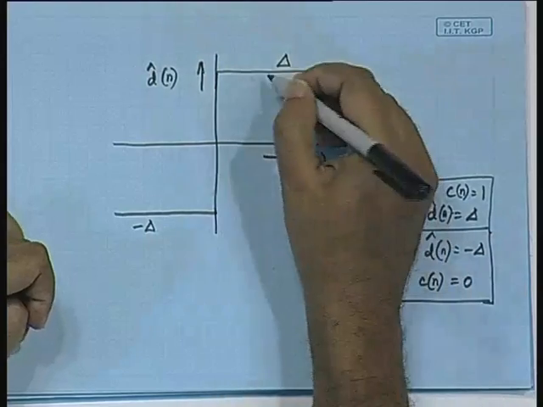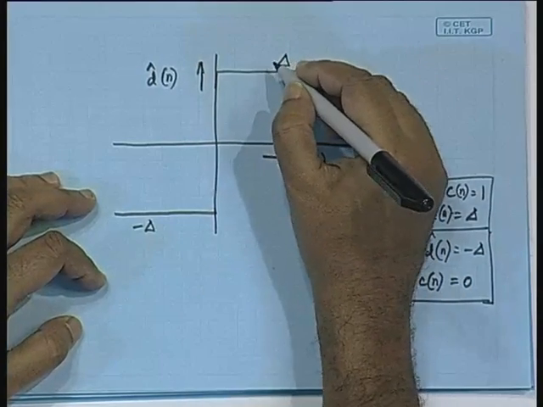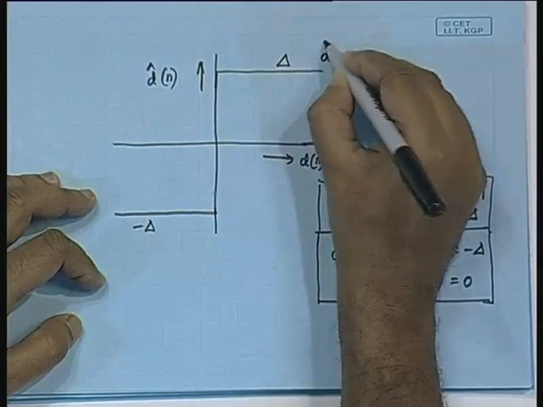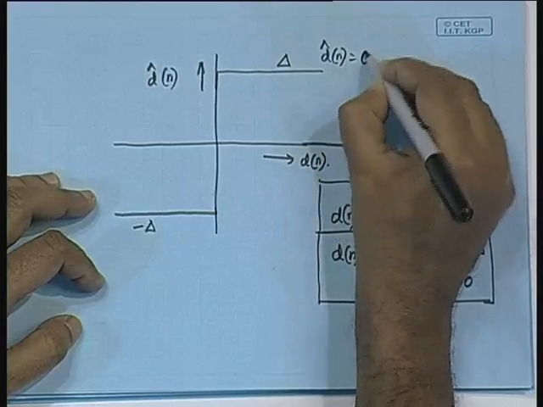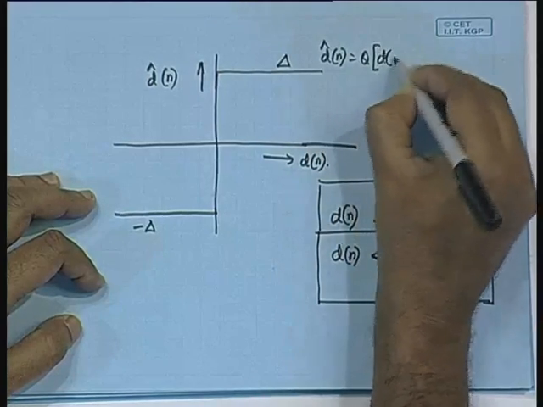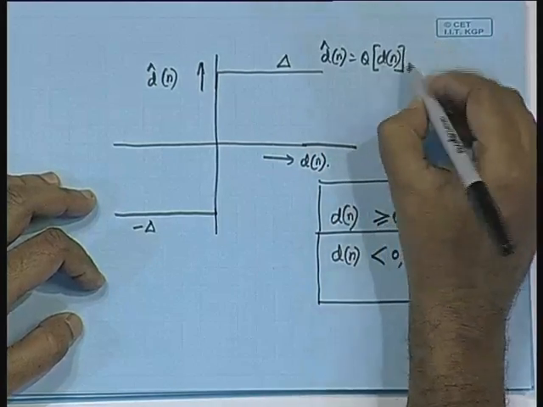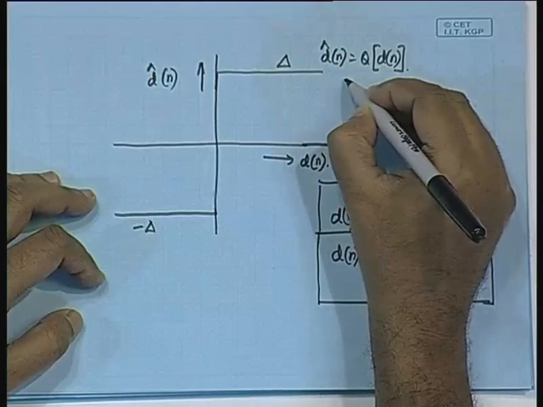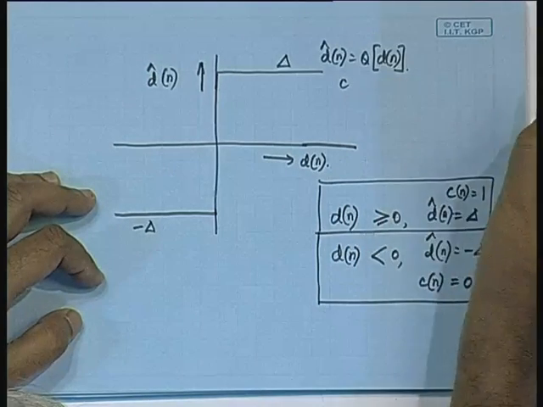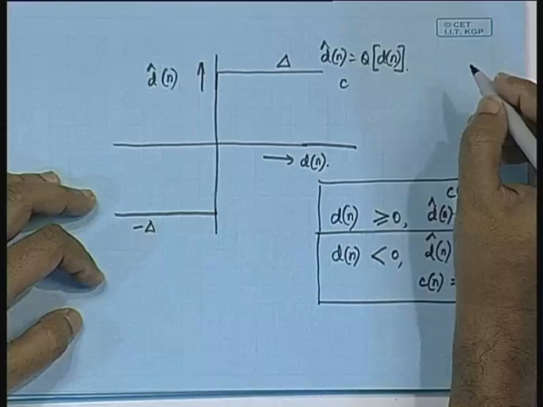So, d cap of n is nothing but the quantized version of d of n, and we are going to have in this case the C of n. Actually, it is only a matter of convention.